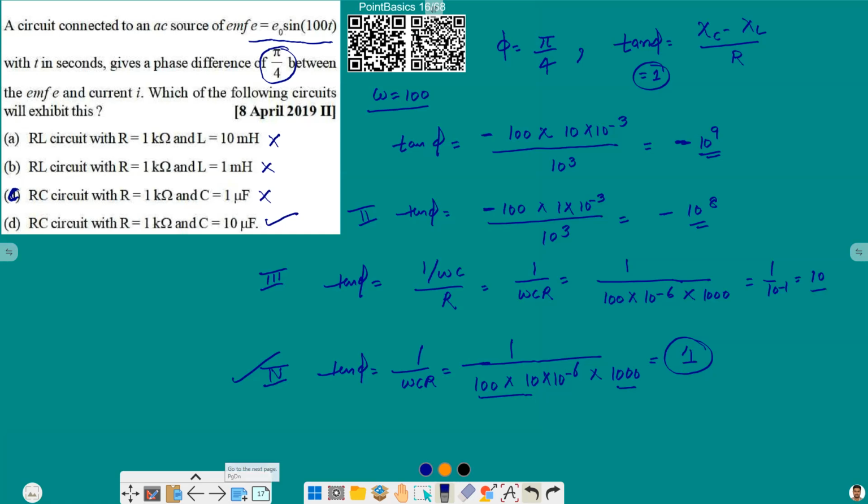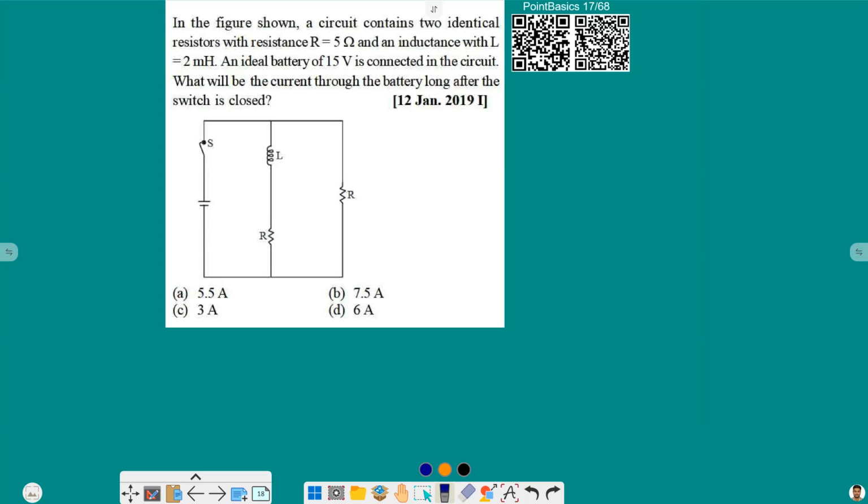Let's move to the next one. In the figure shown, the circuit contains two identical resistors with resistance R equal to 5 ohm and an inductor with L equal to 2 millihenry.